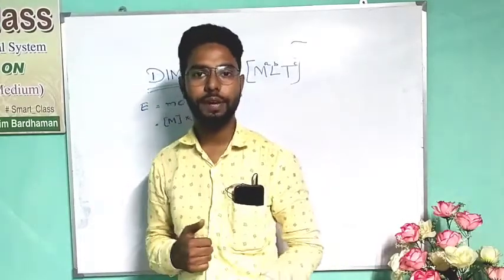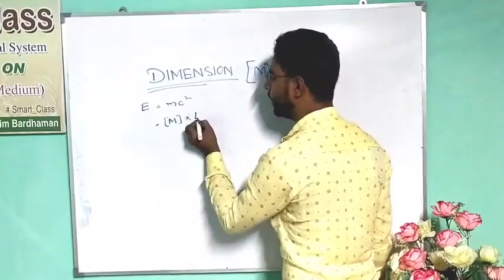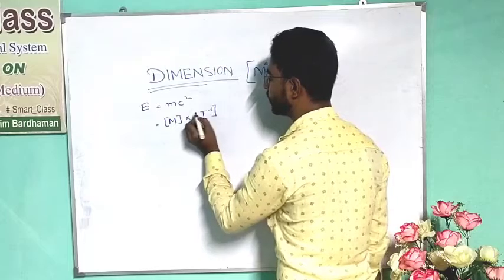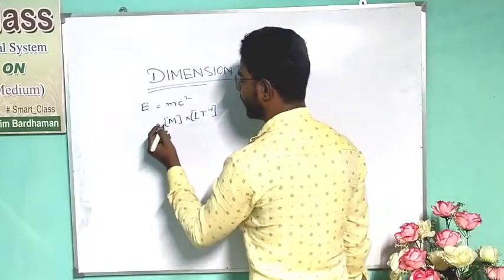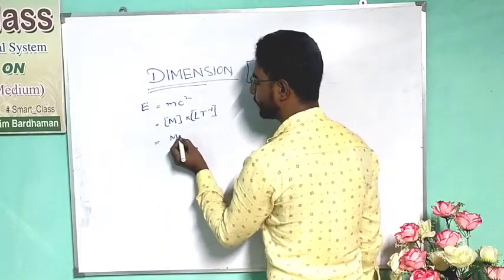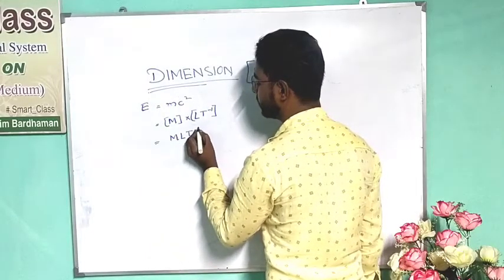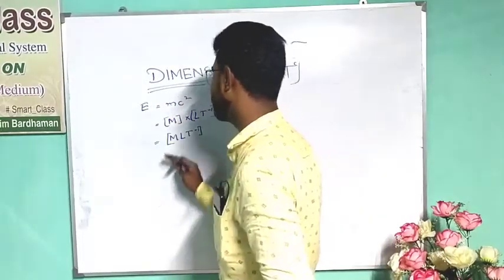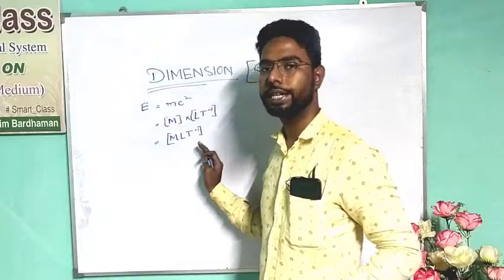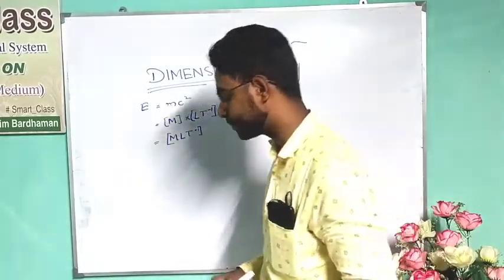The dimension of velocity is L T minus 1. So the dimension of energy is m L T minus 1.